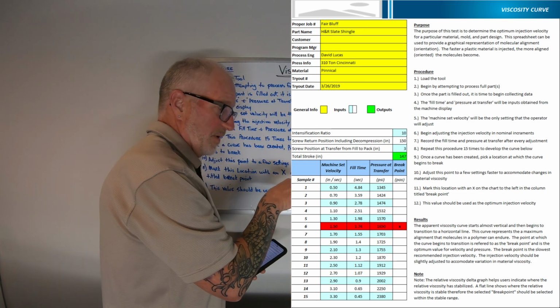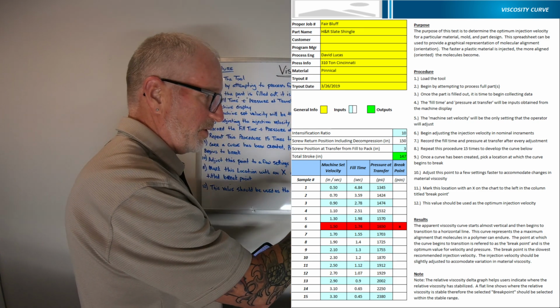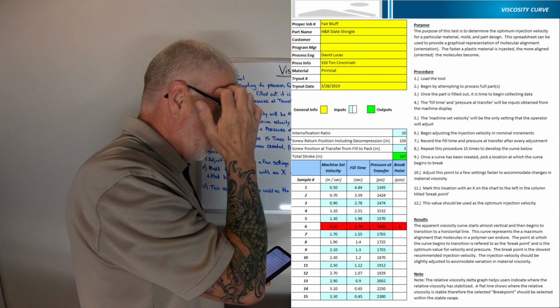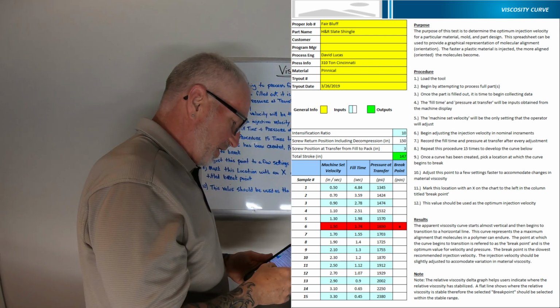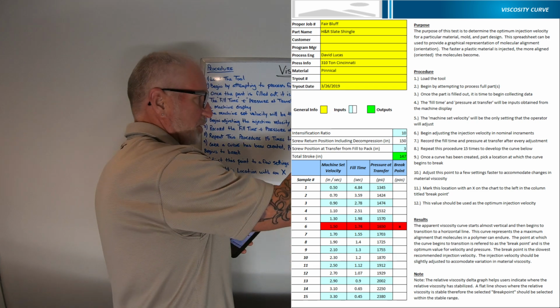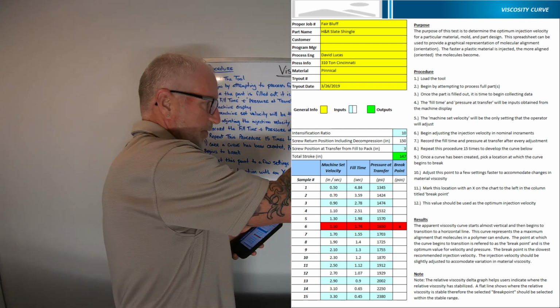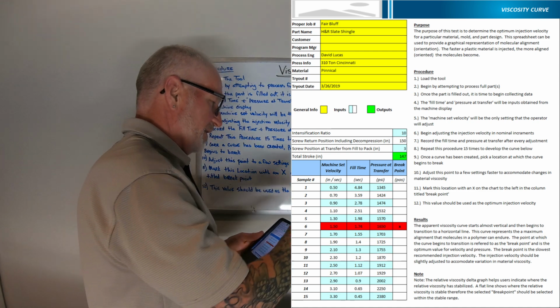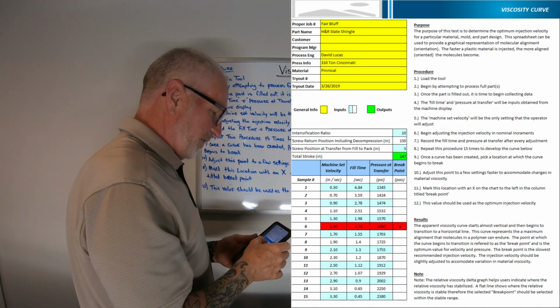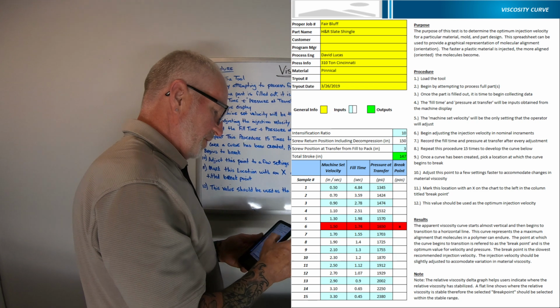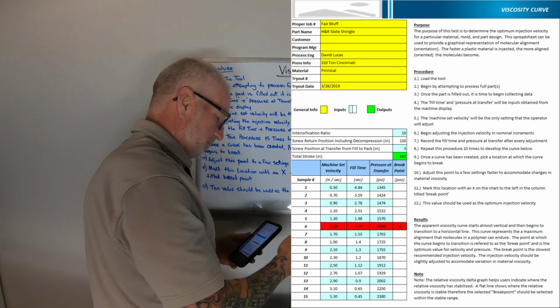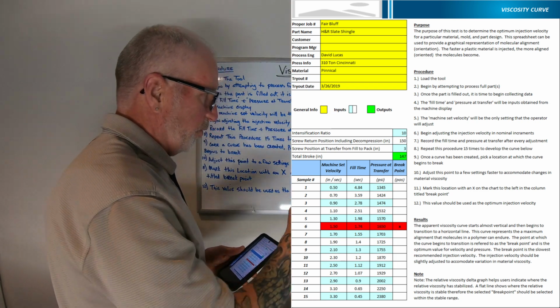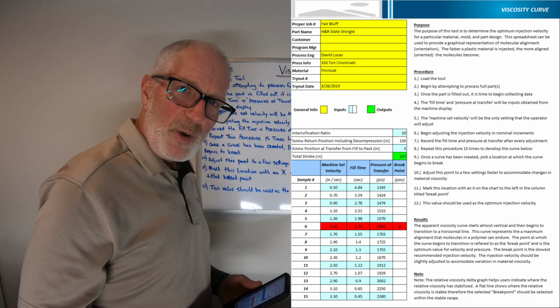Okay, so make sure you guys have that set up correctly right there. You know, that chart should be set up perfectly. So you want your chart to be, you know, 1 through 15. You want the machine set velocity, and then you want your fill time in one column, pressure in the other column, and then your point break would be on that, whatever you're setting your point break at.